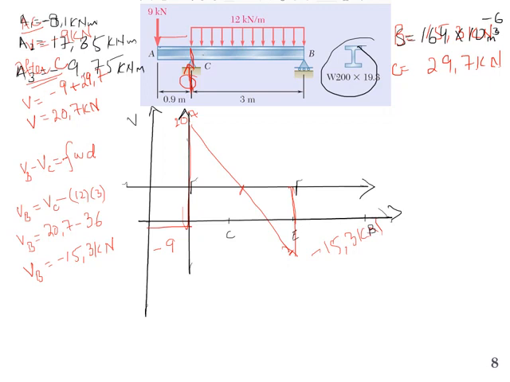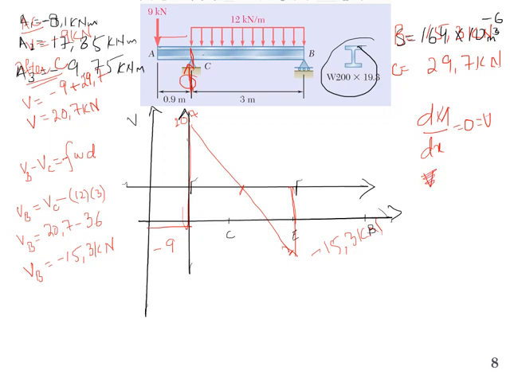If you remember the relationship between shear force and bending moment, the maximum bending moment occurs where the slope is 0, or in other words, where the shear force is 0, meaning dM by dx is equal to 0, and this is equal to the shear force.